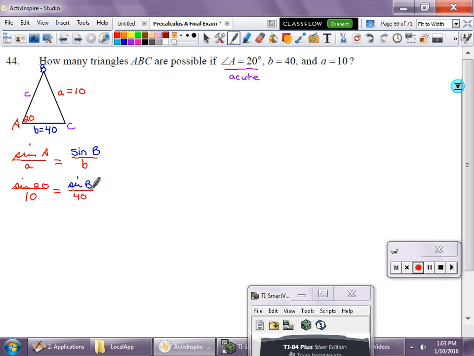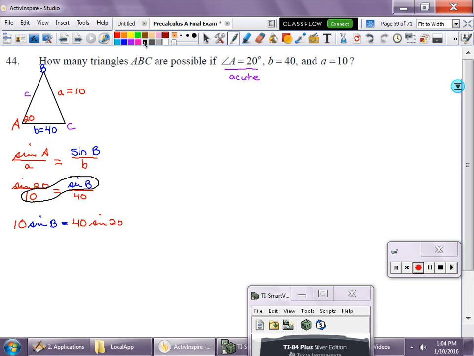Cross multiply to solve. Cross multiplying looks like this. I only like to lasso one side so you don't get confused, and that means we do the same thing on the other side. Since we're solving for sine of B, that goes first. So it's going to be 10 sine of B equals, the constant becomes the coefficient, so 40 sine 20.